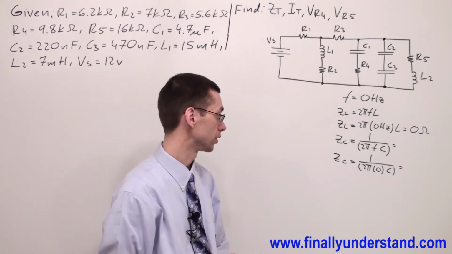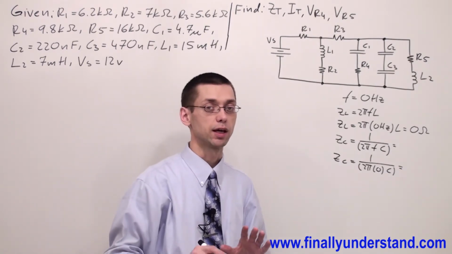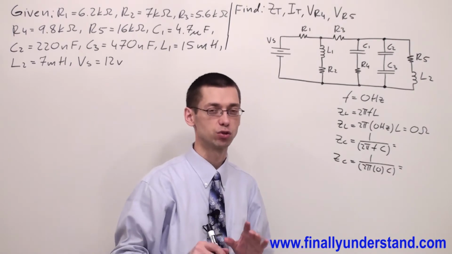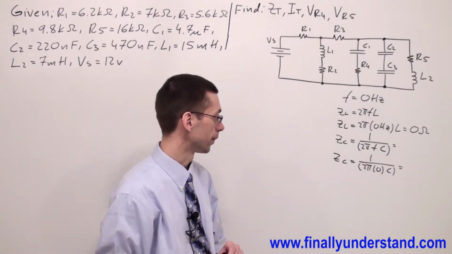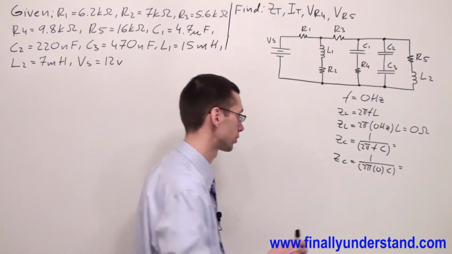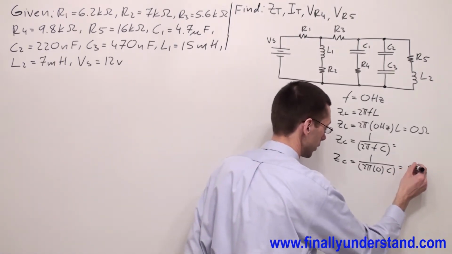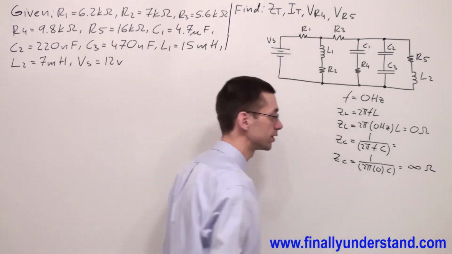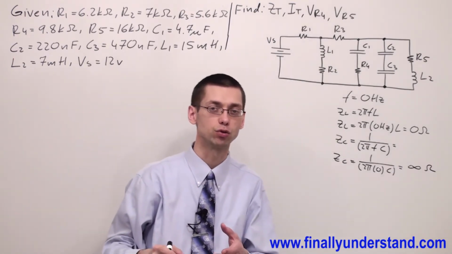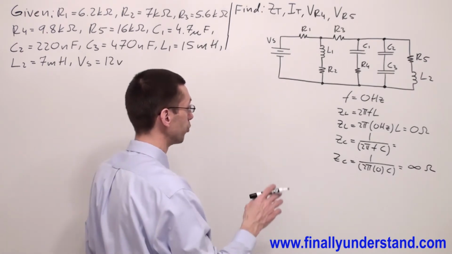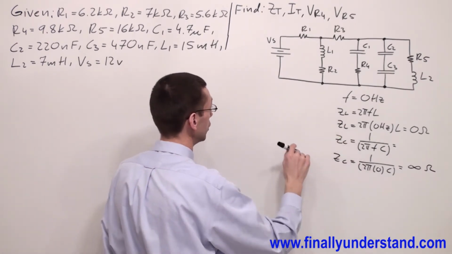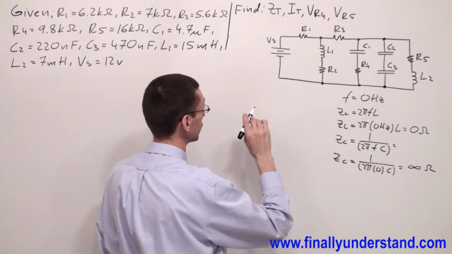But in our case, it means that the capacitor is going to have extremely high resistance. So when we talk about extremely high resistance, it means that the capacitor is going to behave like an open circuit.